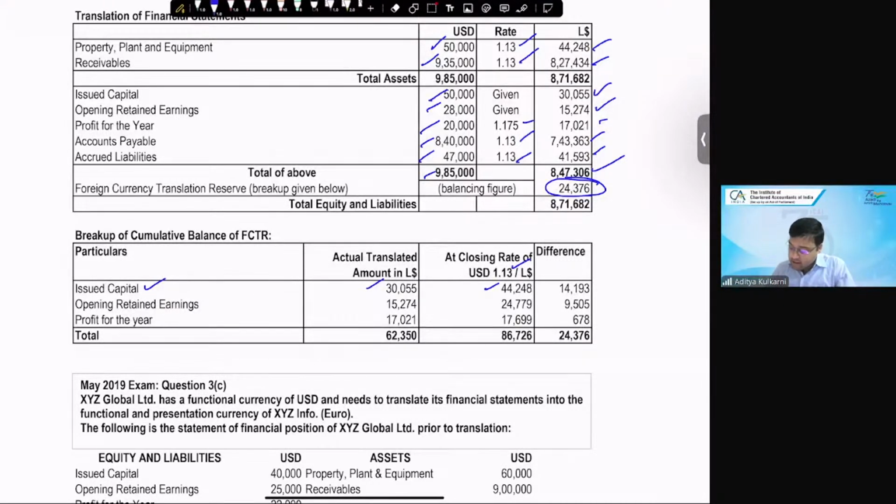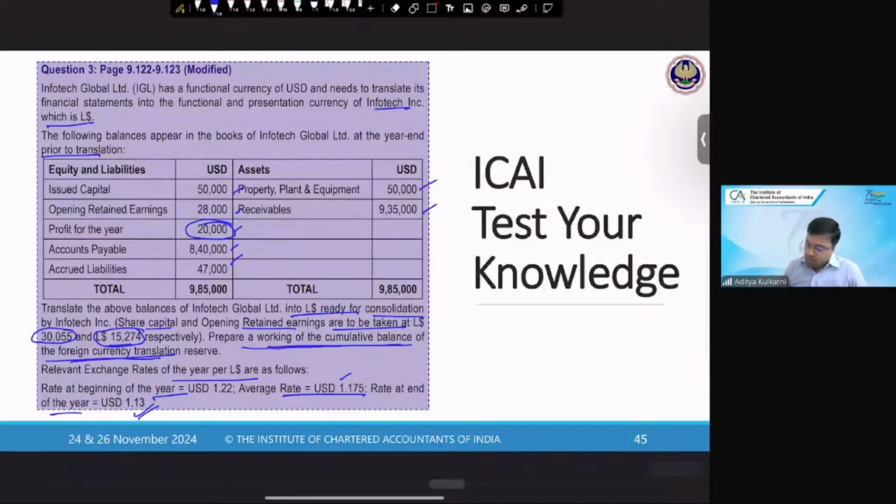Opening retained earnings 24 against 15. And profit for the year 17,699 against 17,021. Therefore the gap is 24,376, which is exactly this number. Are we able to follow? That's all there is. So we have translated the balances and prepared a working of the cumulative balance of the foreign currency translation reserve.